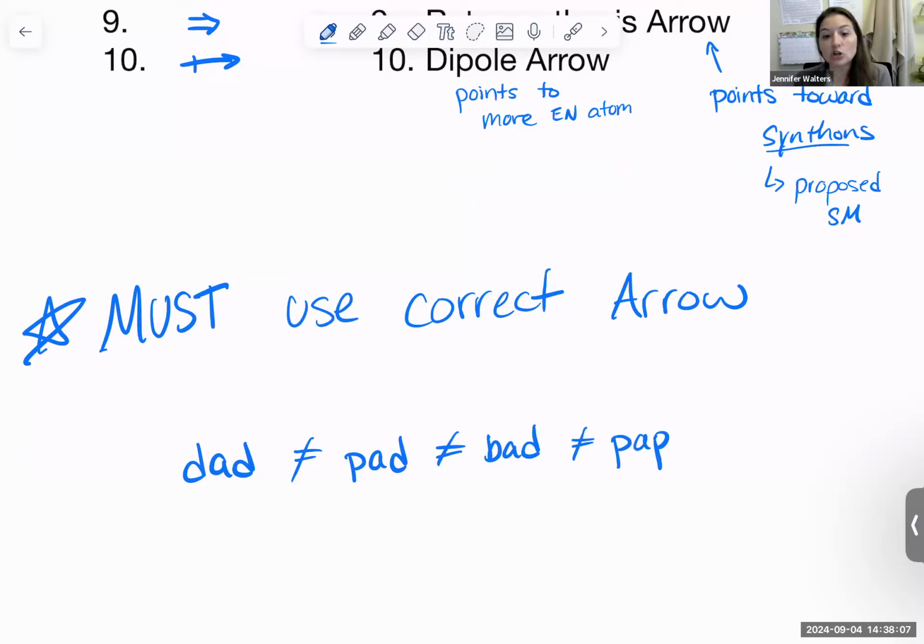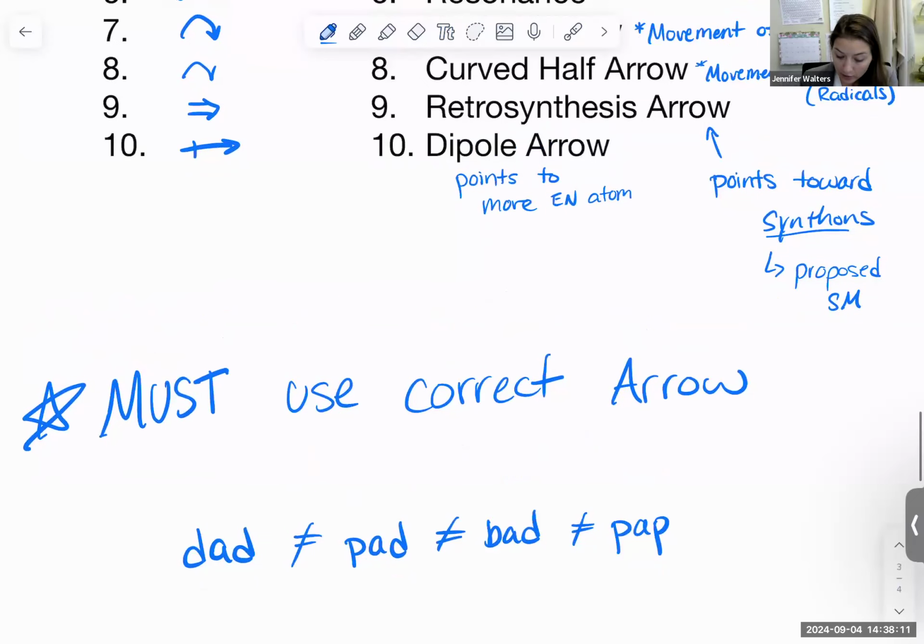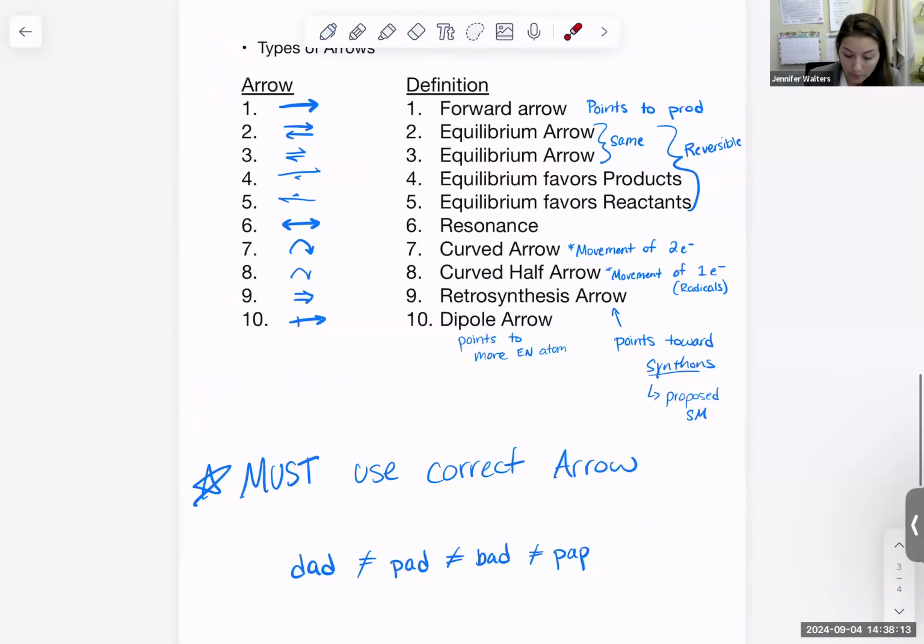All of these words are different. They look very similar, just like our arrows. Our arrows look very similar, but just by changing how we draw this, where that straight line goes in respect to that hump, that is going to give us a totally different meaning. The same thing happens with your arrows. You got to write the right word. You got to write the right arrow.